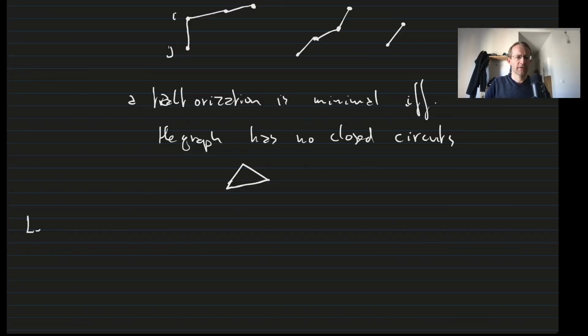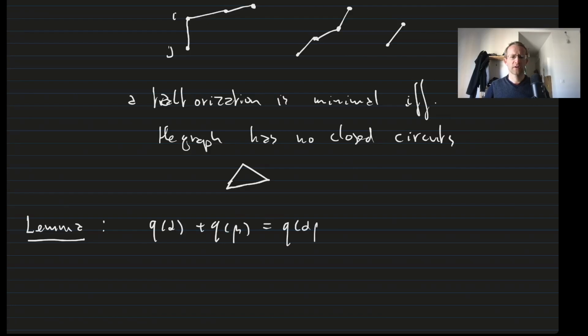The second lemma says that q of alpha plus q of beta is equal to q of alpha beta only if all of the active colors in alpha and beta are also active colors in alpha times beta.